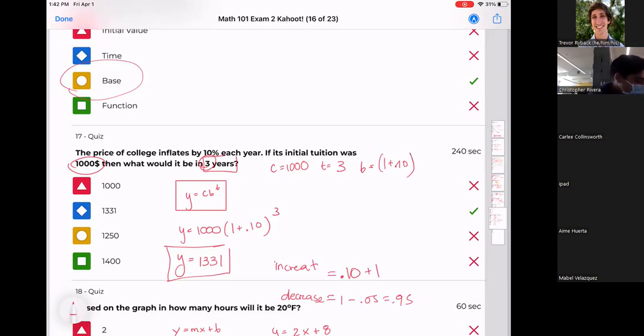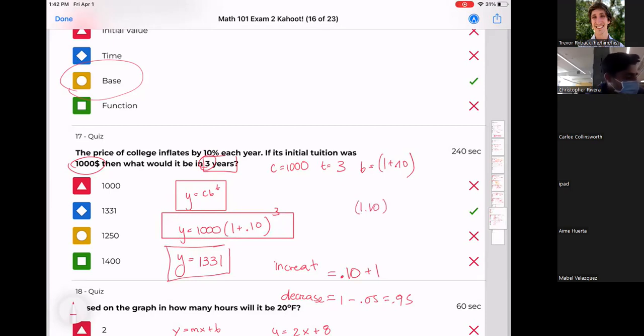And so that allows me to create this equation right here. Once you create that equation, you can just solve. So 1 plus 0.10 is obviously 1.10.